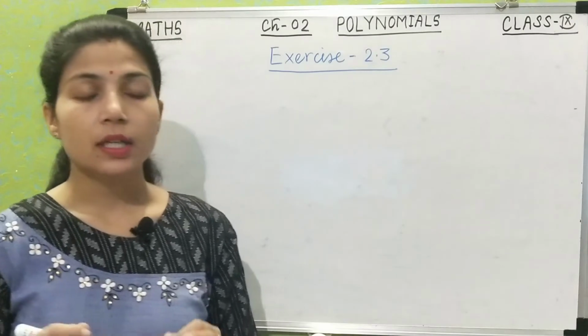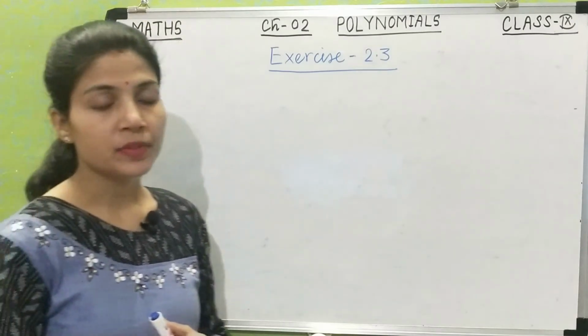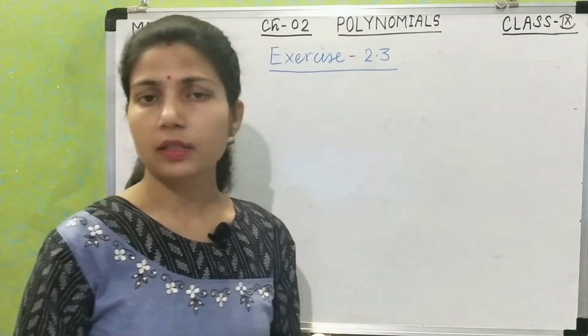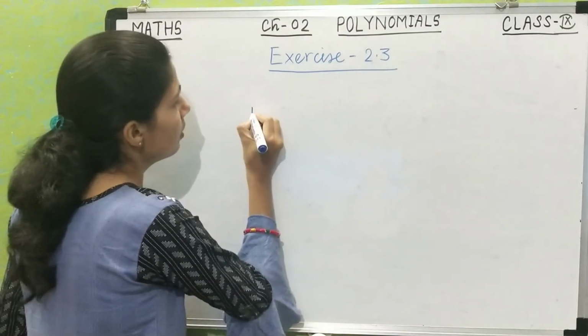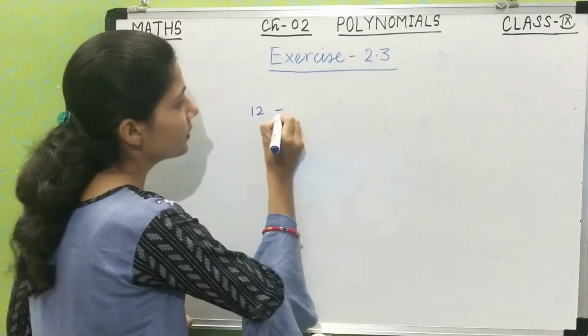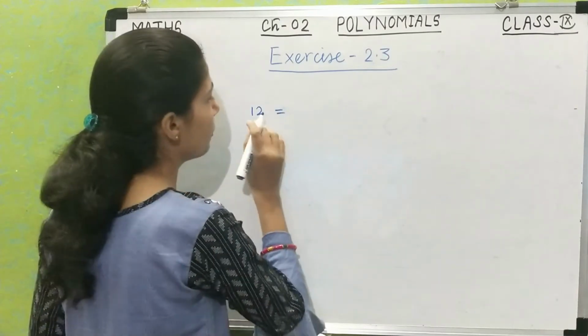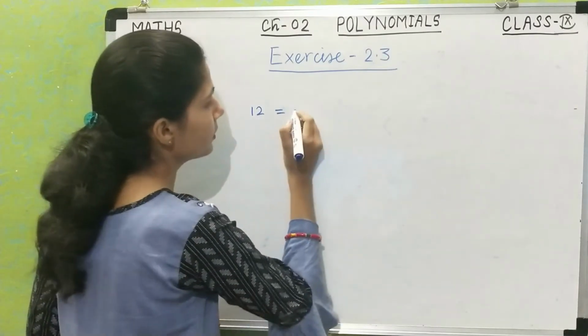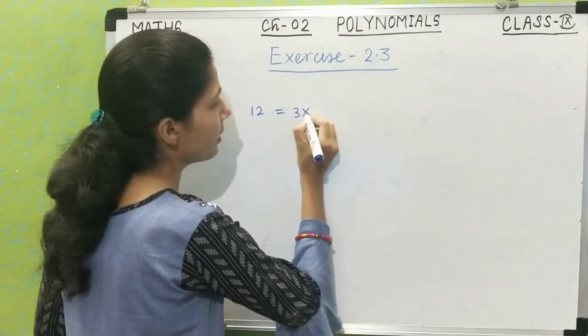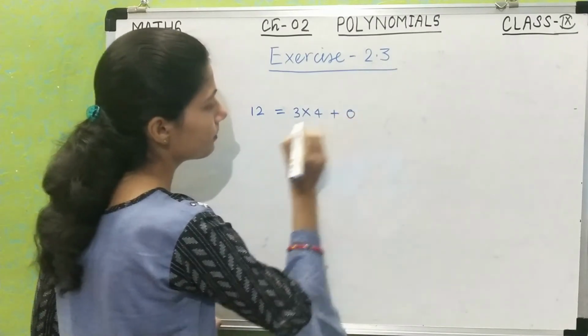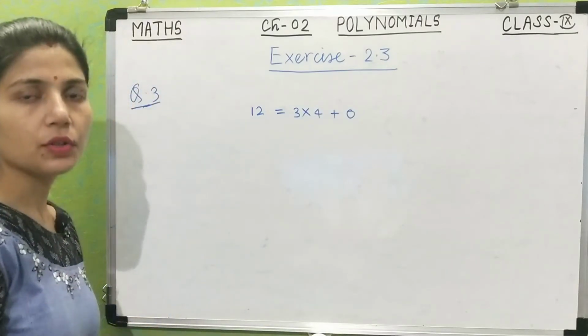I discussed one thing earlier, that when it comes to factors, for example 12: if you divide 12 by 3, you can write it as 3 into 4 plus 0.